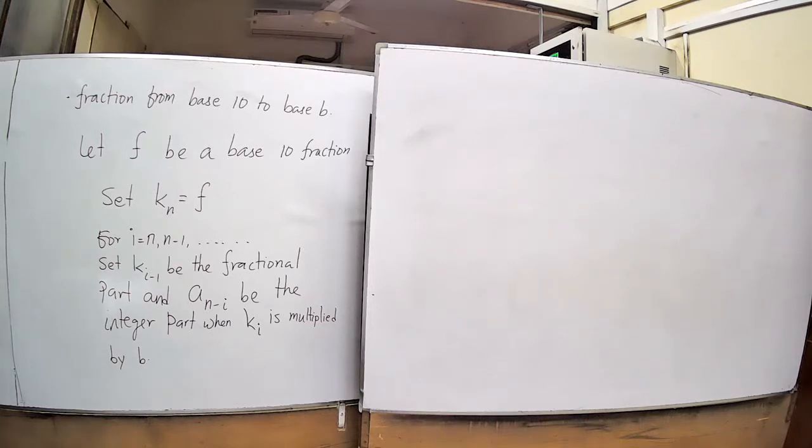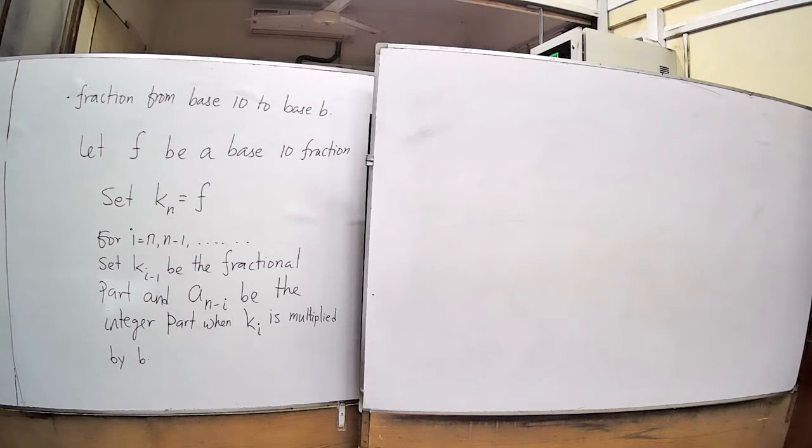Okay, so what you do is you take f and set that as k_n, right? And then you multiply that by base b. When you multiply a number by a base b, you will get an integer part and a fractional part, right?